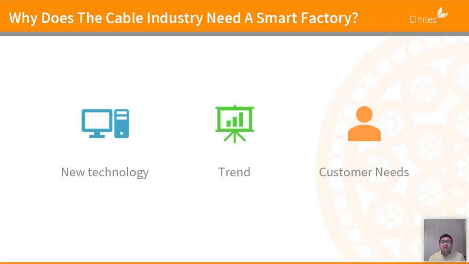I've been talking to quite a few of my clients and prospects, and they're asking how they can plan to have an Industry 4.0 standard smart cable factory, and we share opinions with each other. When I ask them why, there are a few reasons.